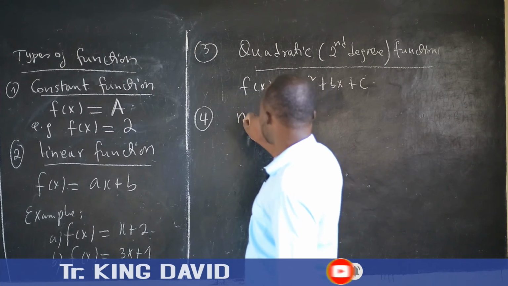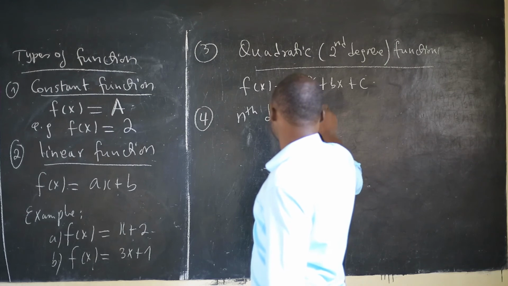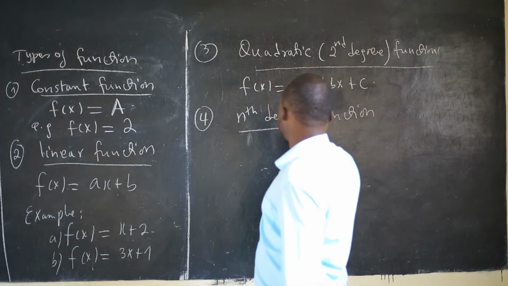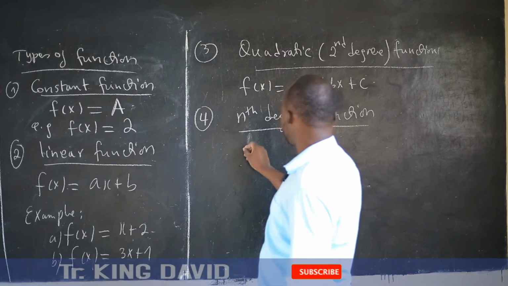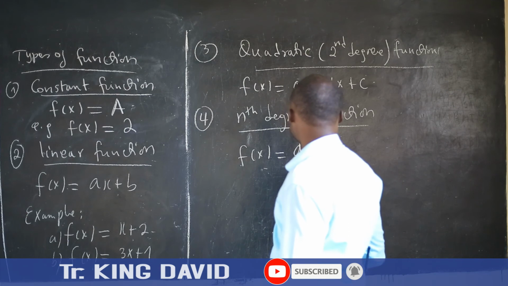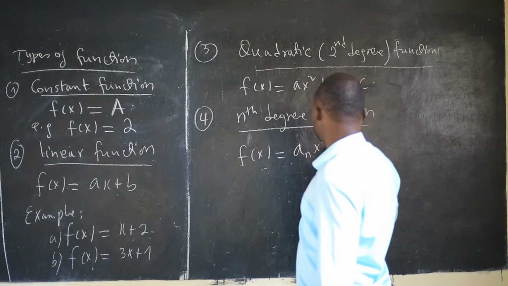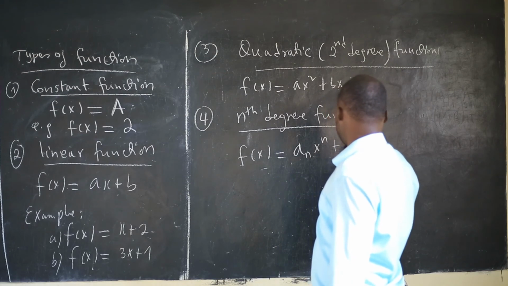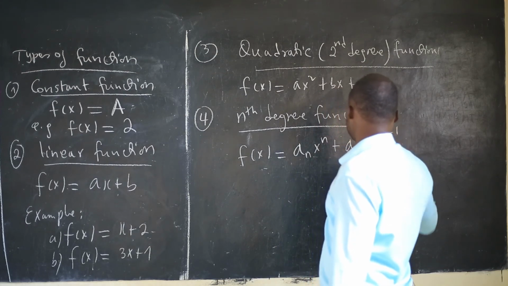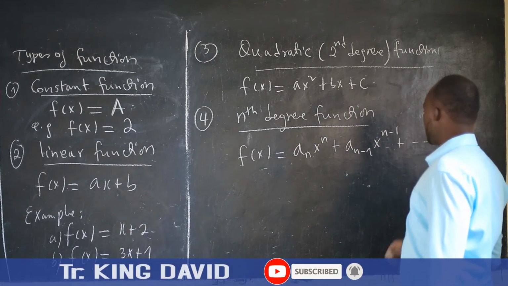You can have nth degree function. When you say nth degree function, that's like f of x equal to a_n x to the power n plus a_(n-1) x to the power n minus 1, up to a constant.